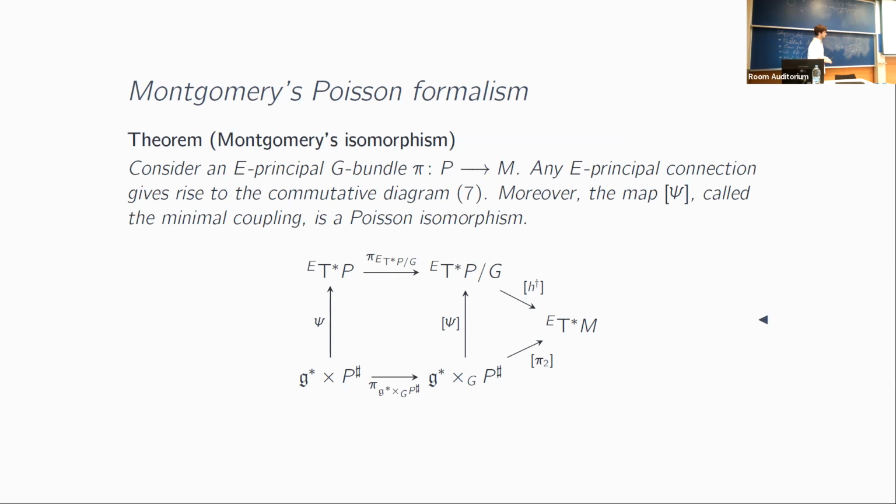It is commutative, and we can take the pullback of any Hamiltonian on the cotangent bundle. It defines Wong's equations of motion, and because those spaces are isomorphic as Poisson manifolds, the dynamics generated in each one of them are actually the same, are equivalent.